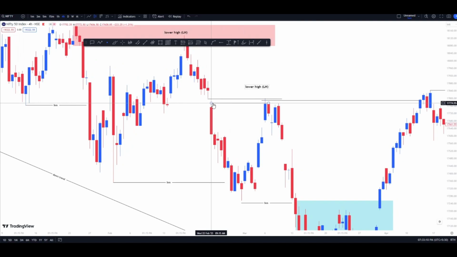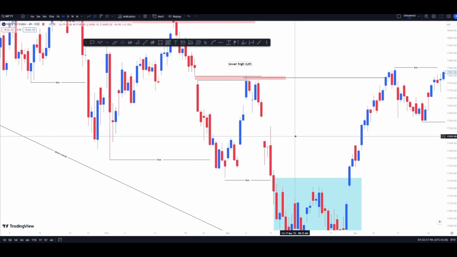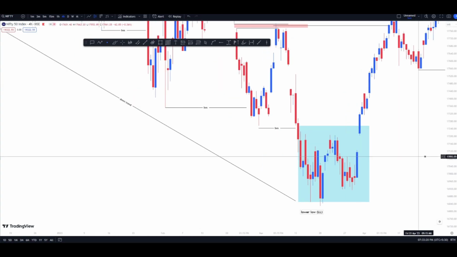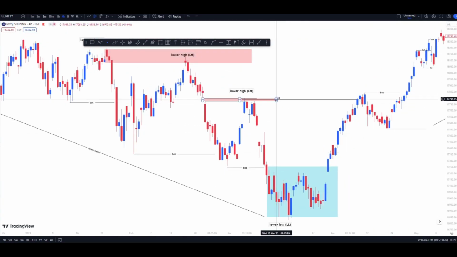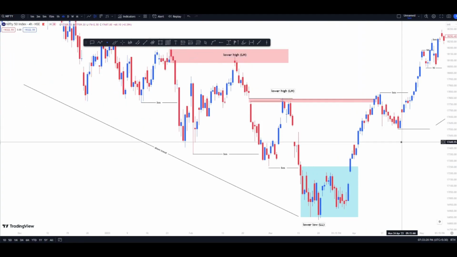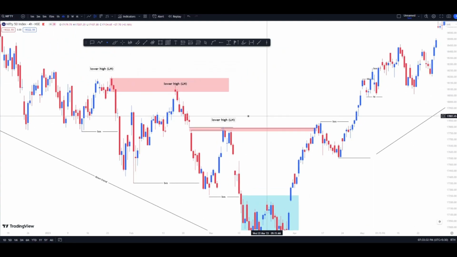So this is the resistance, price respected that resistance, and it also comes in the supply category. So this is the supply here. Again we broke the structure, and then we saw that price took out the supply and now the demand is in control. In smart money concept terms, we call it a change of character.